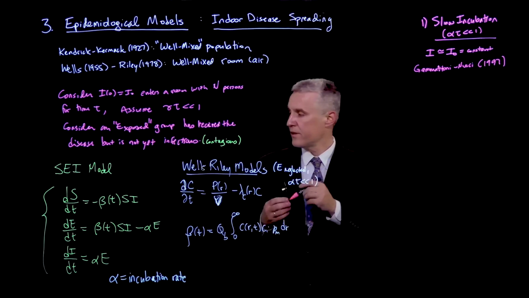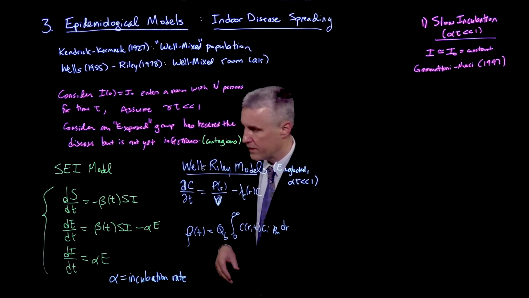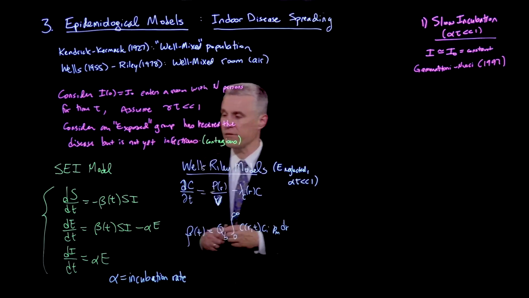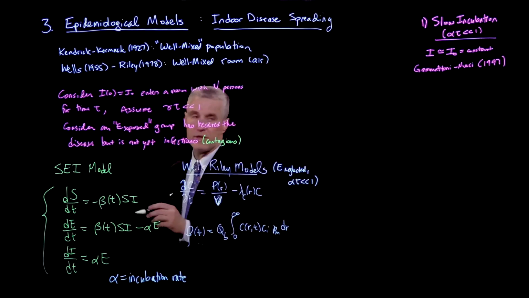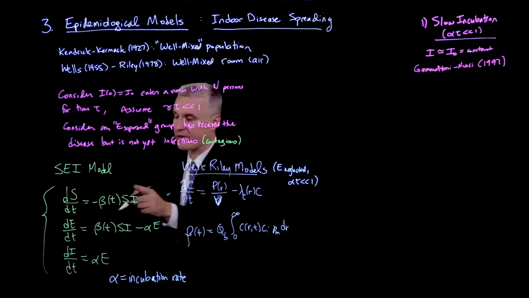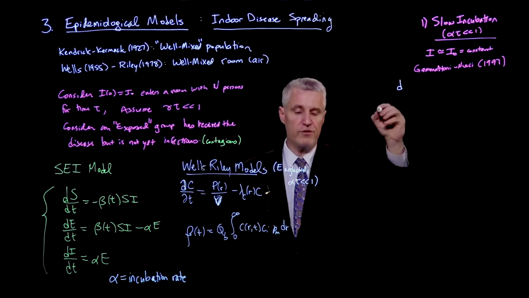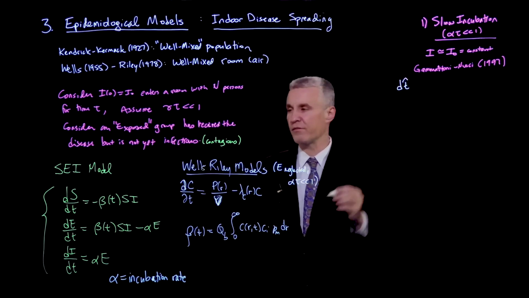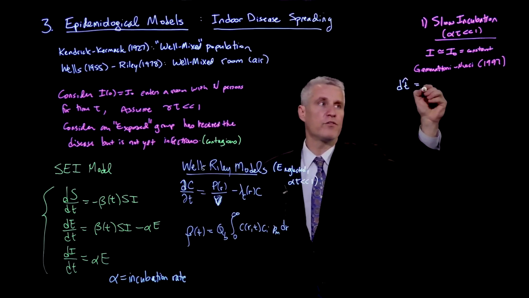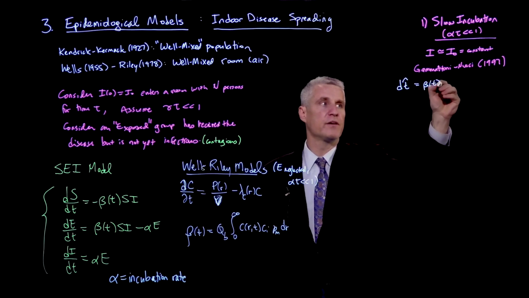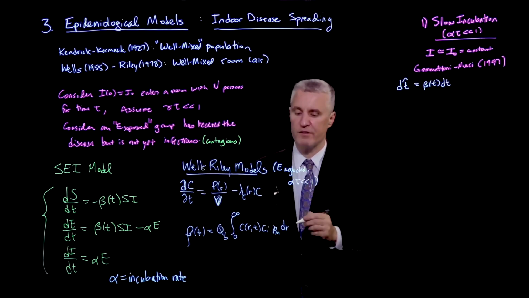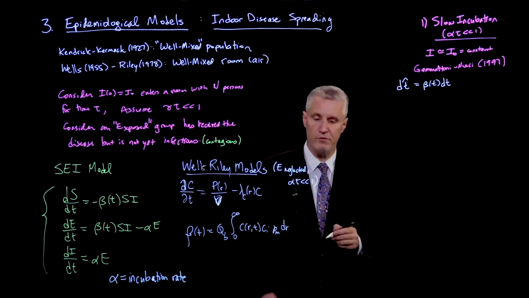So the first thing to do is to deal with beta of t. How are we going to do that? If I put beta t on the other side, if I divide it down, you can see that I would like to define a new differential variable, t hat, which is beta of t times dt. That would be my definition of a new variable.